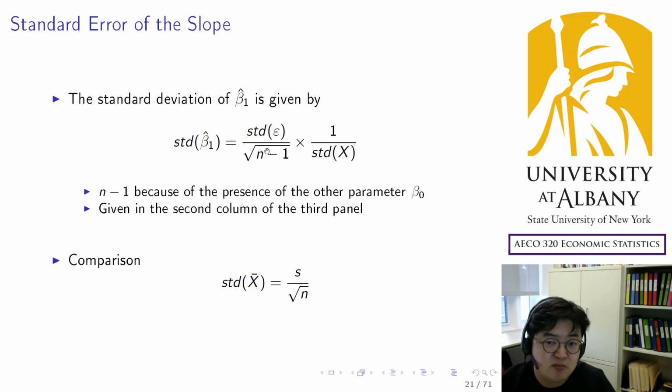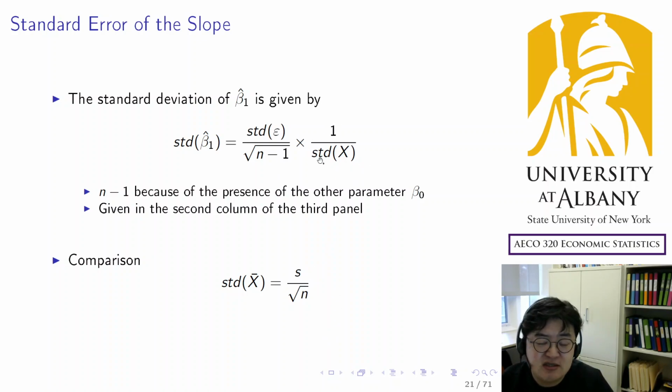Anyhow, the form is similar. This part is comparable to the standard deviation of x bar. The standard deviation of x bar is the standard deviation of a single variable divided by the square root of n. Similar structure, right? But what is different?